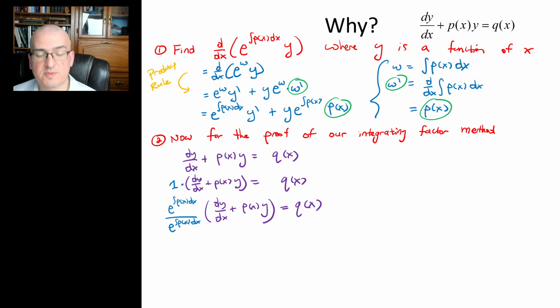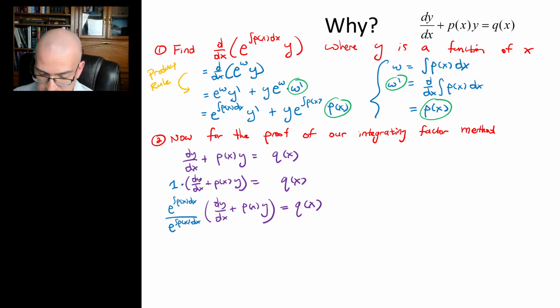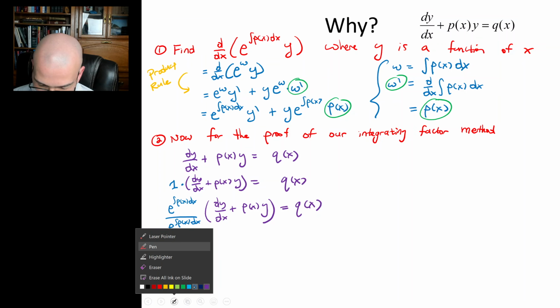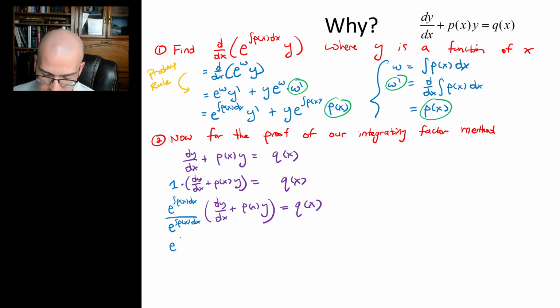Now I'm going to cross multiply and multiply both sides by e to the integral p of x. And I'm going to distribute the top one into the brackets on the left. So e to the integral of p of x dx times y prime, or dy by dx, I guess.